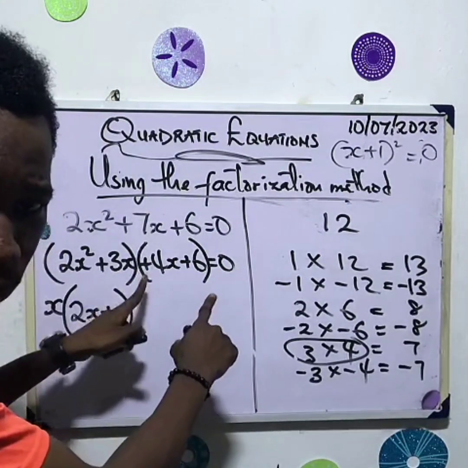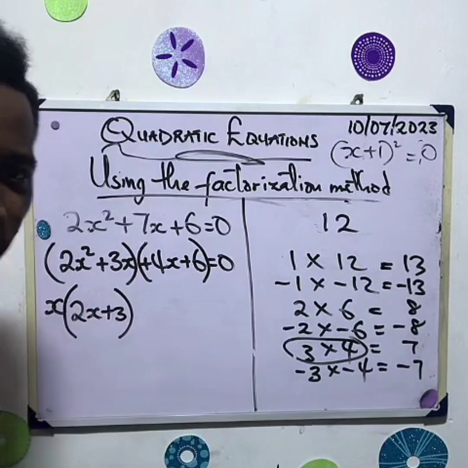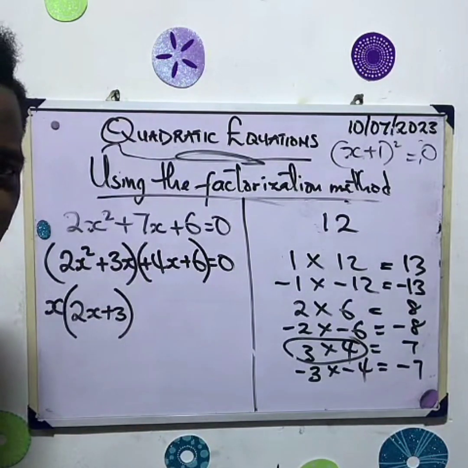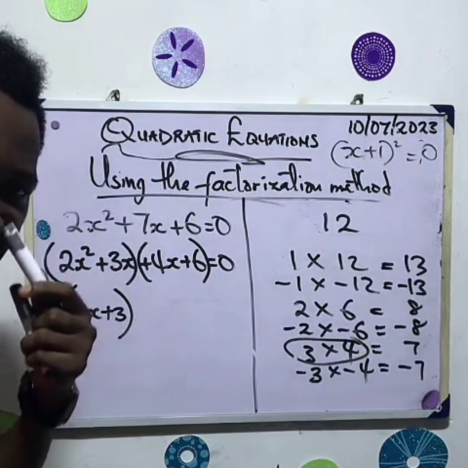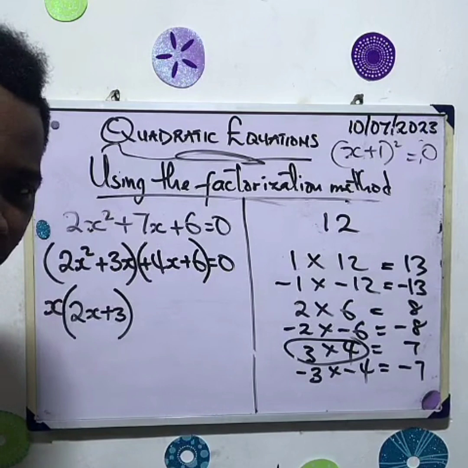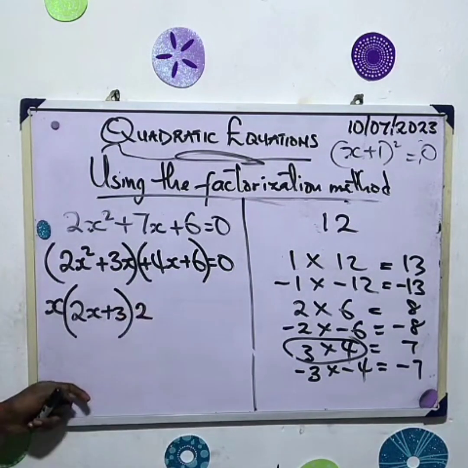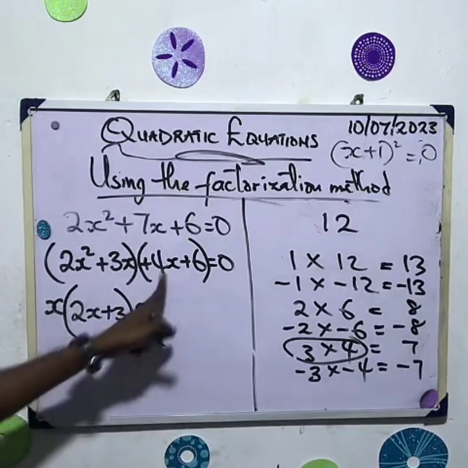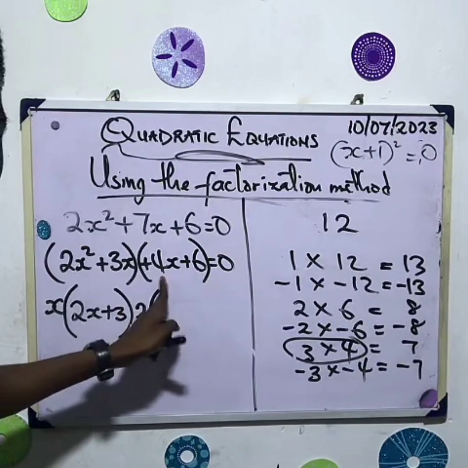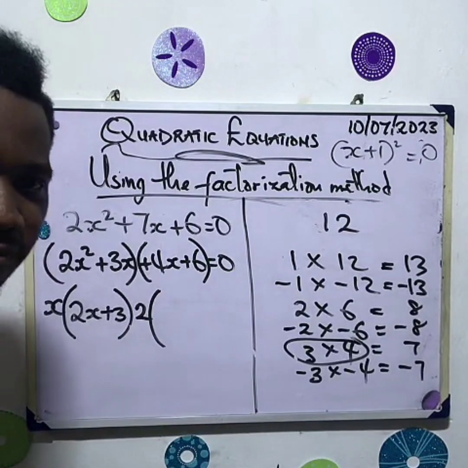Then we'll move on to this one. Factorize this also. What's the highest common factor of 4x and 6? 2. So 2 times what will give us plus 4x?